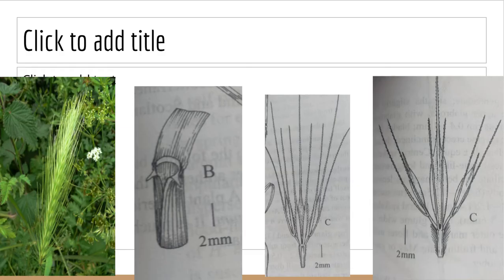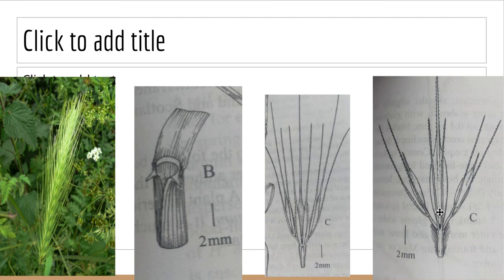Moving on to this plant. It grows up to 70 centimetres tall. The ligule is about 0.4 to just 1 millimetre tall, and it's membranous, with these sharp, pointing-out auricles.